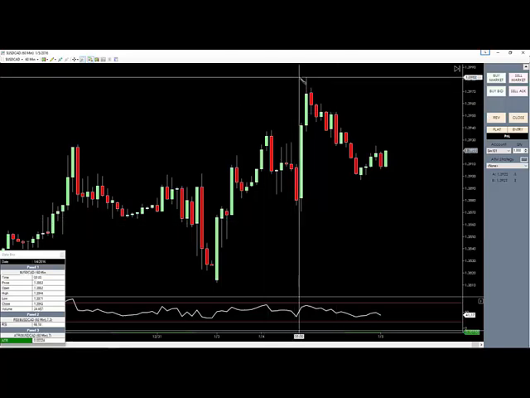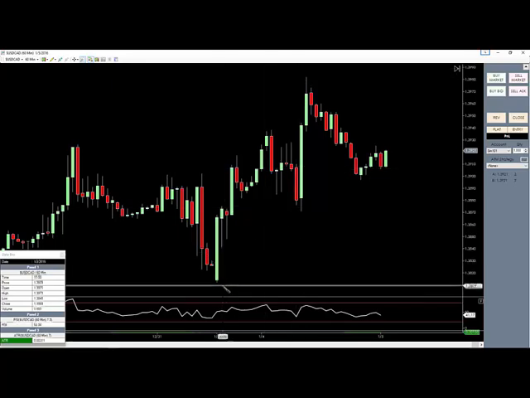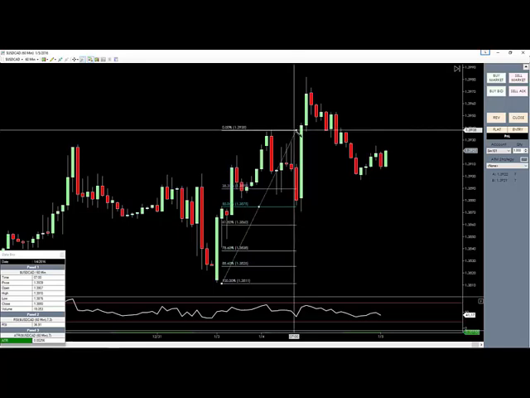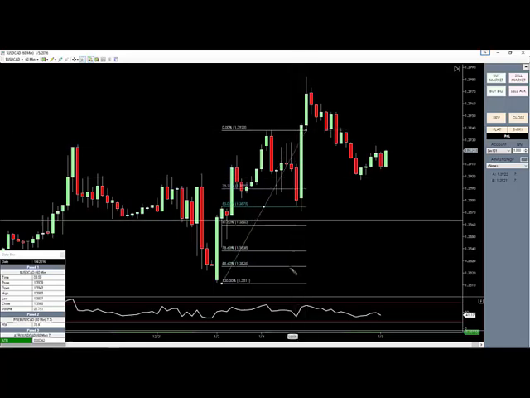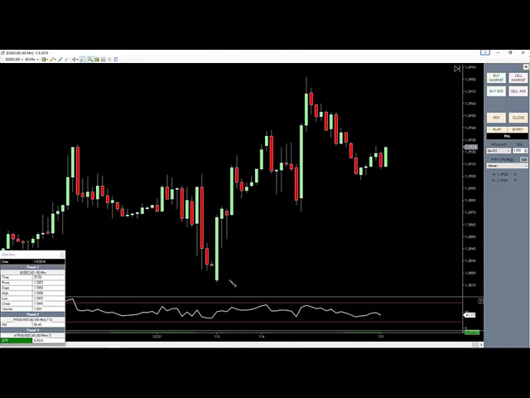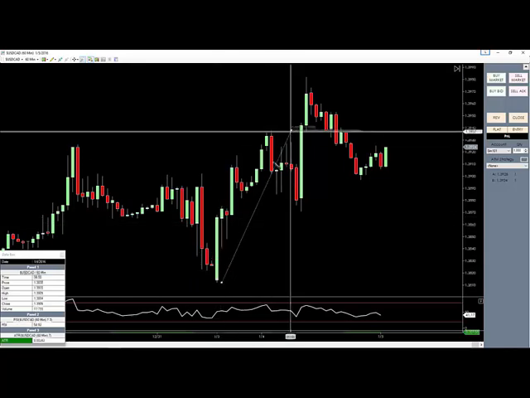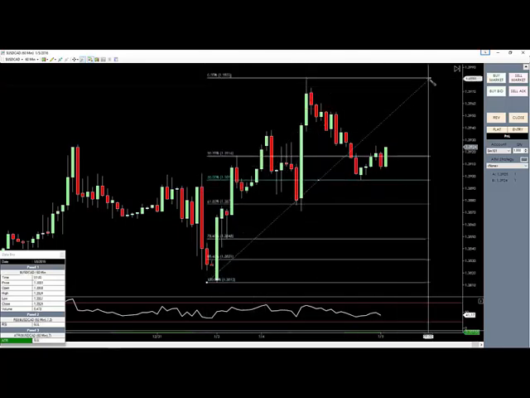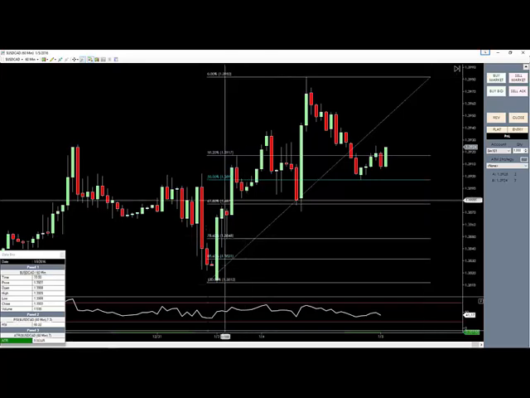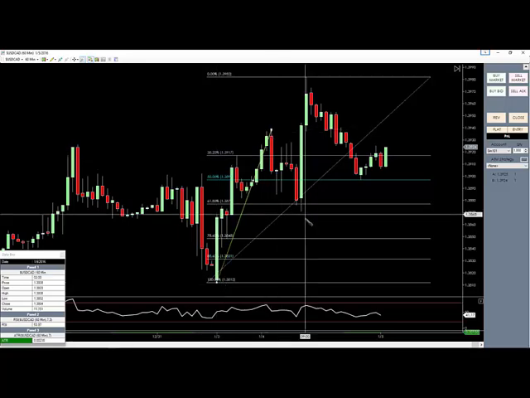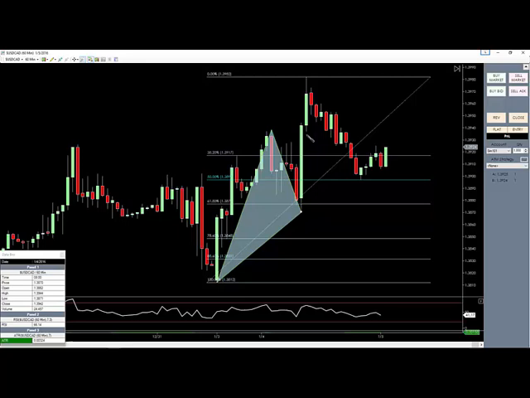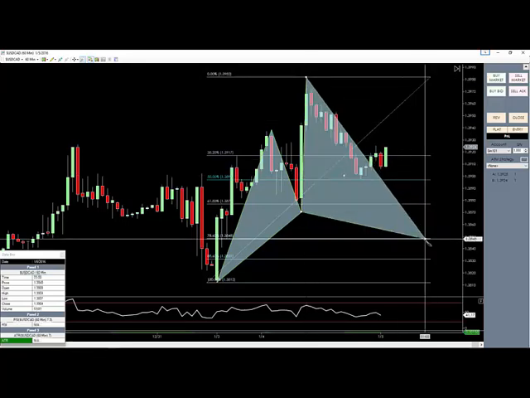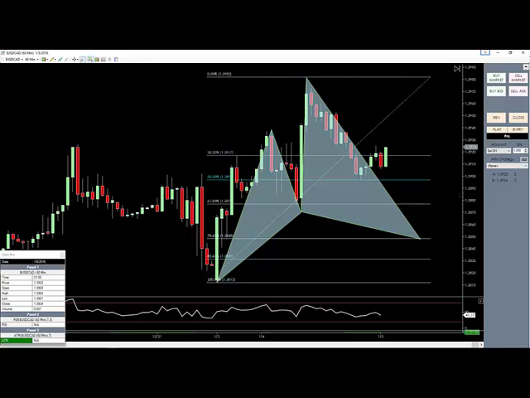For those of you who are familiar with pattern trading, there is a Cipher Pattern setting up.